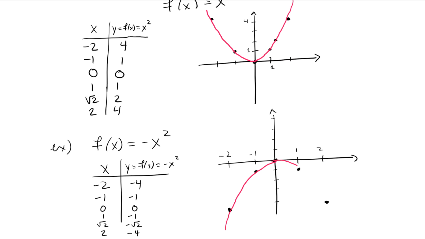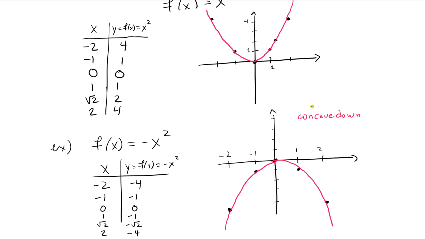It's basically the previous curve but flipped around across the x-axis. Having a negative in front of our x squared makes the curve what we call concave down. This is something we use a lot in calculus. We say that the curve here is concave down.